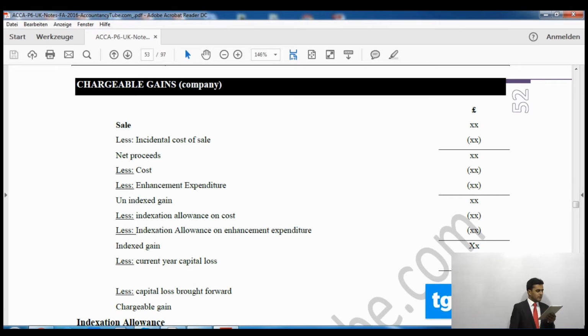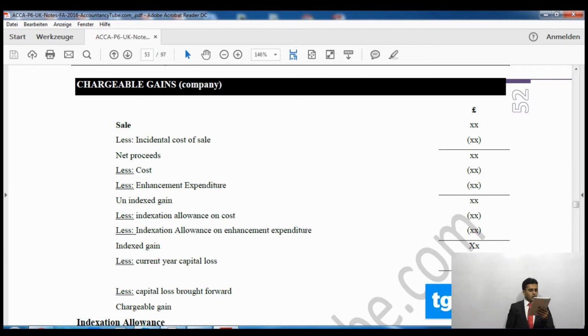Now just beneath that, it says how to calculate the index factor. Say, for example, if the index factor is not given to you in the question, then how to calculate it? Another thing will be given to you in the question, which is known as the retail price index, or RPI. Two RPIs will be given to you: one is RPI at the date of sales, another one is RPI at the date of purchase.